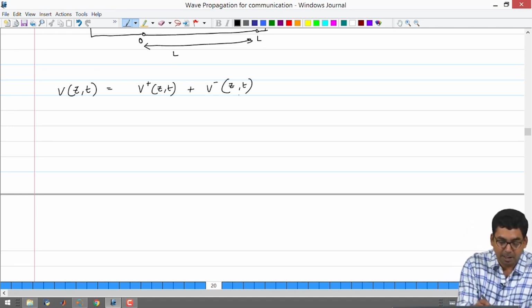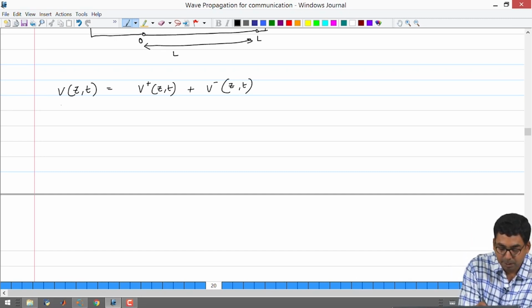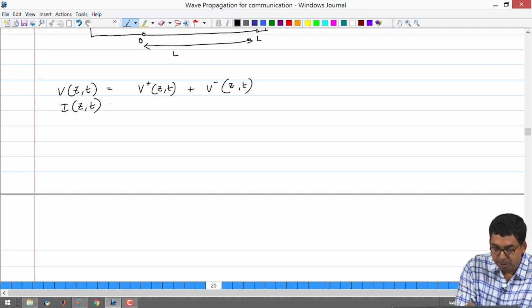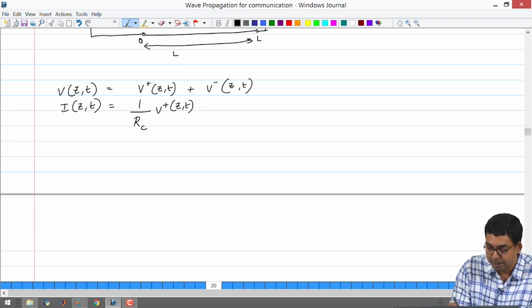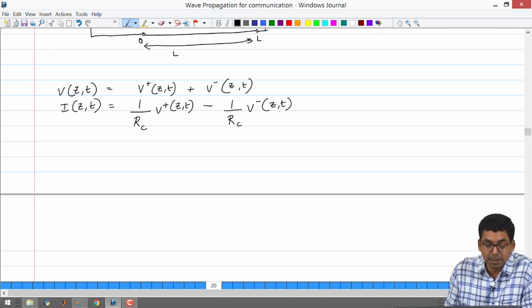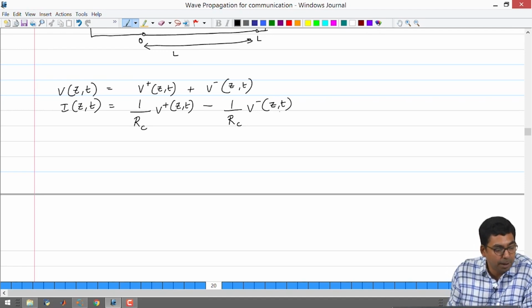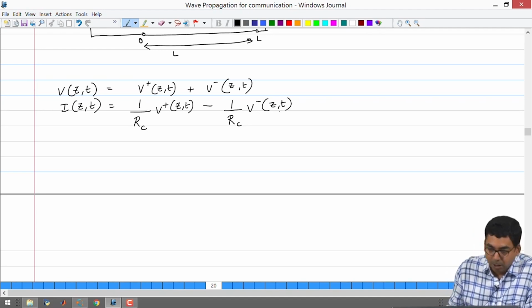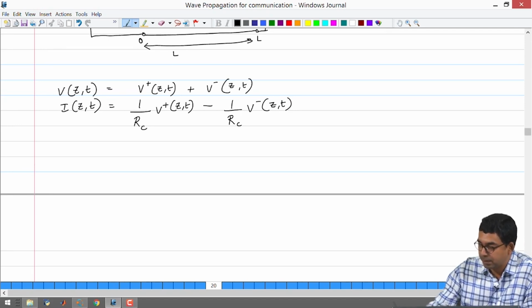And the corresponding value of current in your transmission line is going to be 1 by characteristic resistance times V plus of z comma t minus 1 by RC V minus of z comma t. This is how the voltages and the currents are going to be in the transmission line. Now, let us zoom into the part where the load resistor is connected.